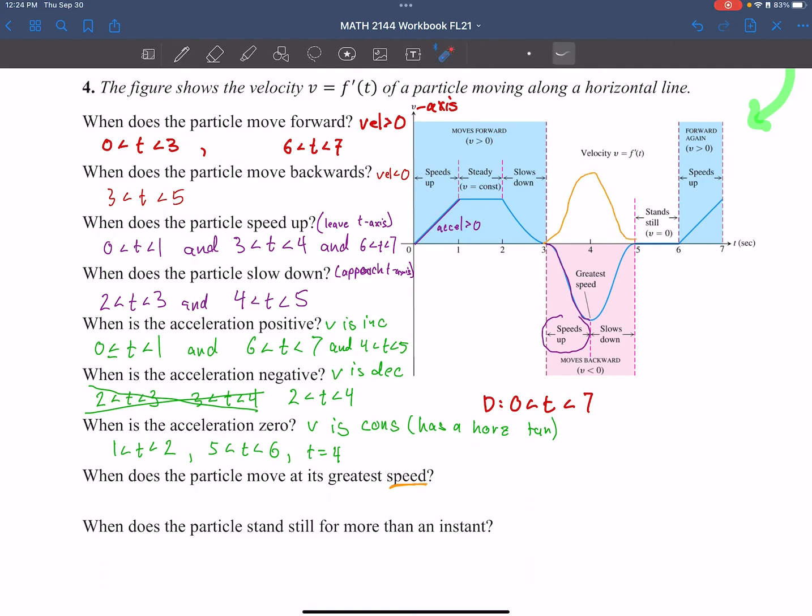This is what the graph would look like if I was graphing the speed. You can see this right here is larger than this in terms of the velocity. I'm going to erase that so as not to confuse us later. We'll look at an example later. So when does the particle move at its greatest speed? This is at t equal to 4, because speed is the absolute value of velocity.